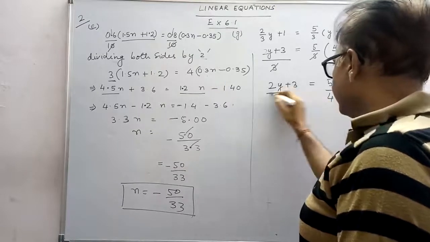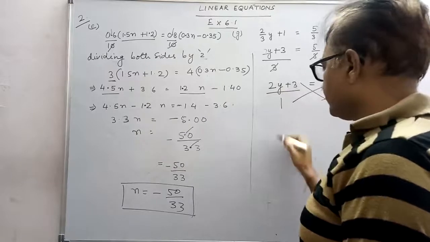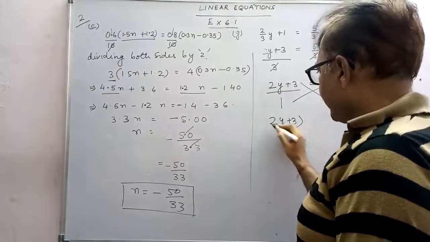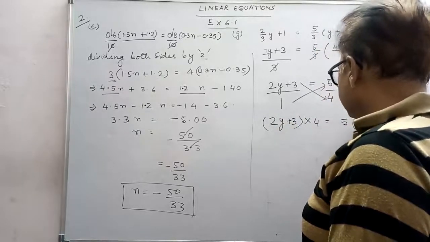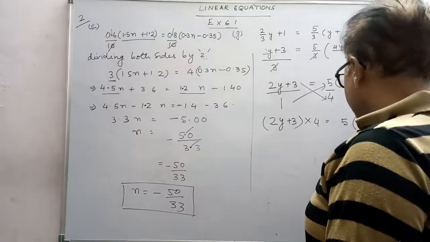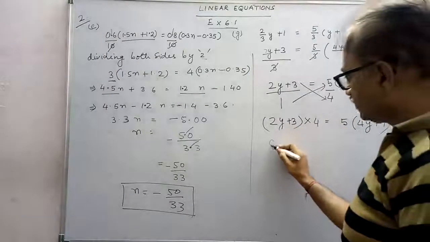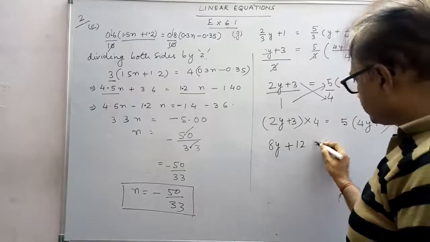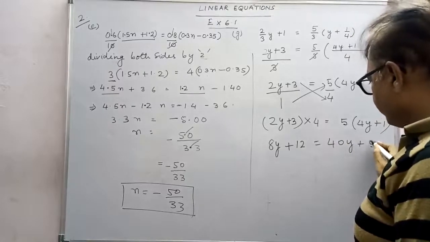Now cross multiply, here it is 1 and here it is 4. So this will be multiplied here and this will be multiplied like this way. So you get 2y plus 3 multiplied by 4 is equal to 5 bracket 4y plus 1. Now you see 4 2s are 8, this is equal to 8y, 4 3s are 12, is equal to 5 4s are 20y, 5 1s are 5.